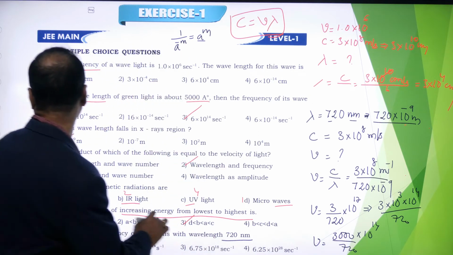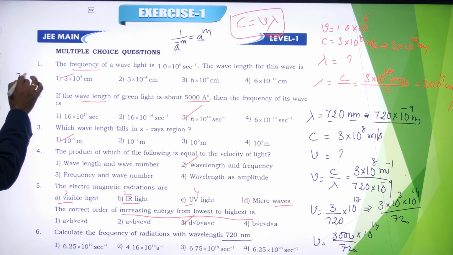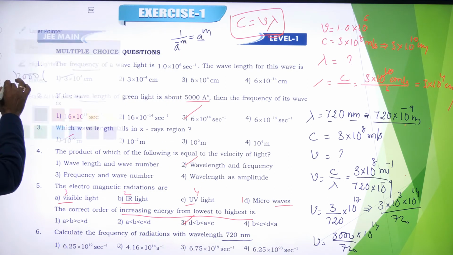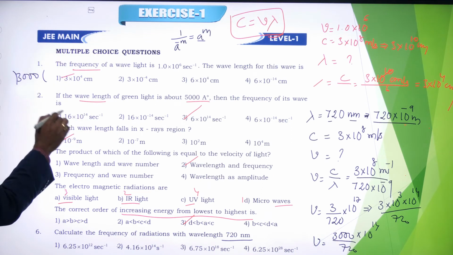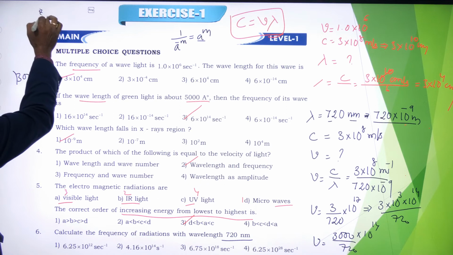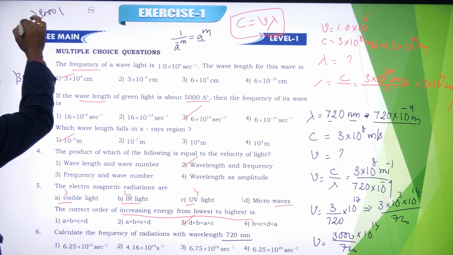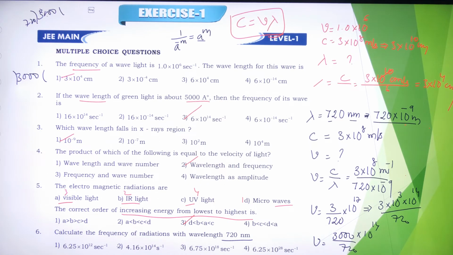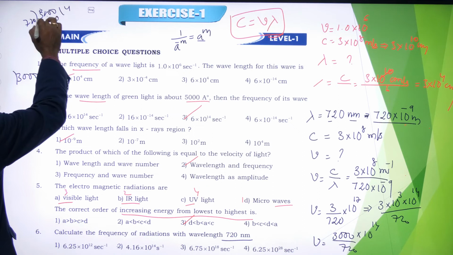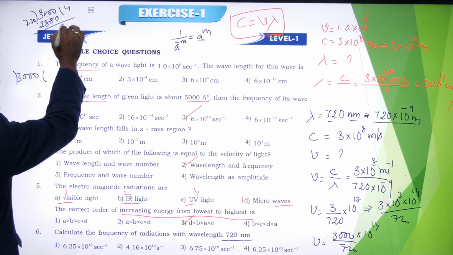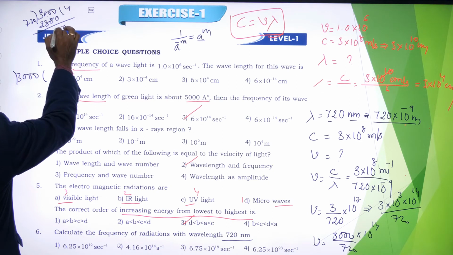In rough, you can calculate here 3000 divided by 720. So 7 4s are 28, so I'll write here 4. 4 2s are 8, 4 7s are 28. So left it is 0, and here 2, and here 1.